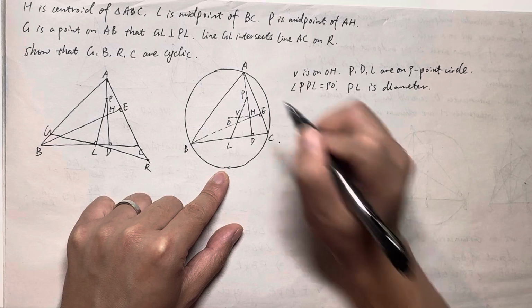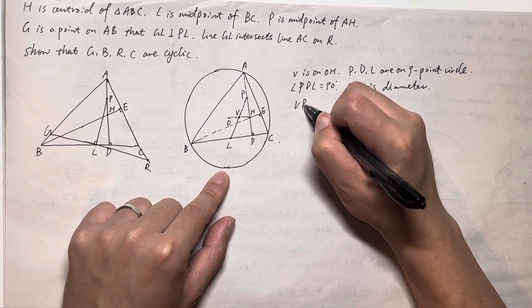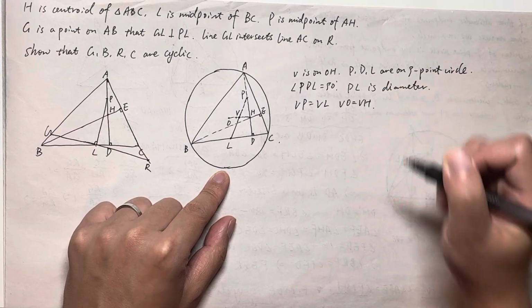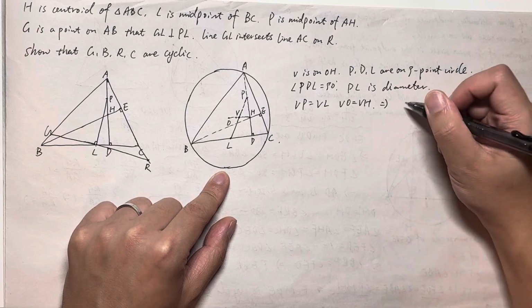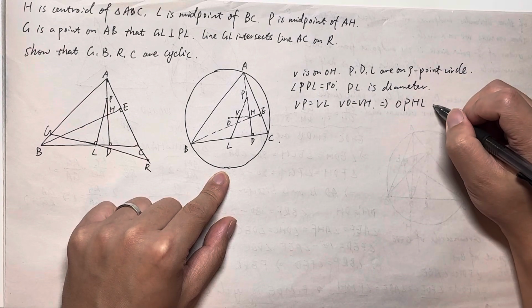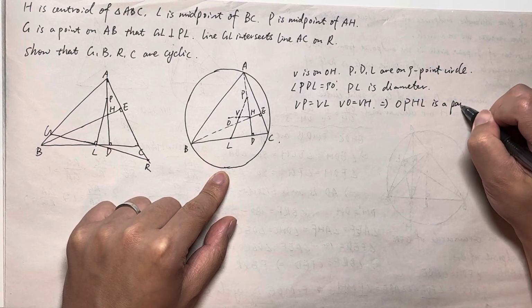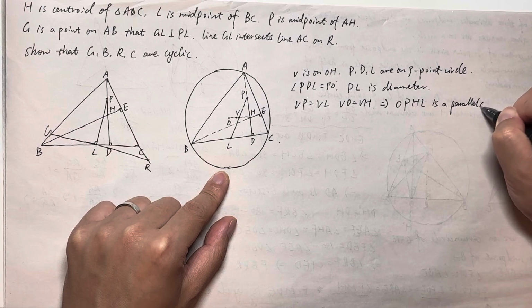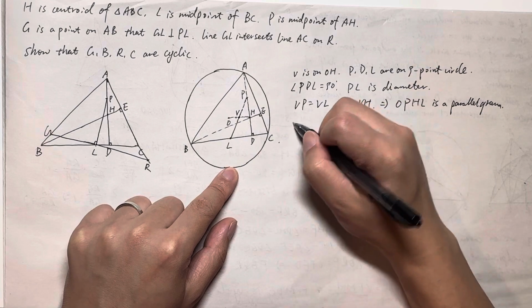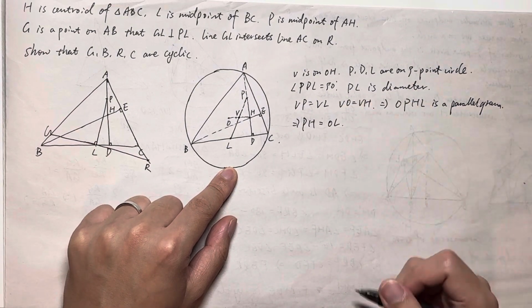So this is V. Based on this, we know that VP equals VL and VO equals VH, which means OPHL is a parallelogram. So we got that PH equals OL.